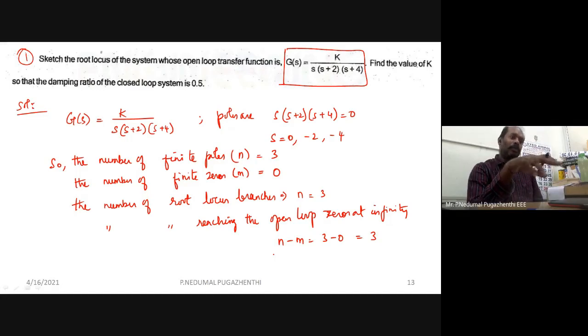The number of open loop zeros at infinity is n minus m, which is 3 minus 0, which is 3.